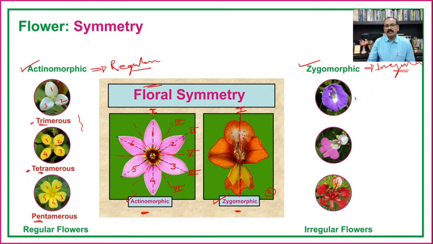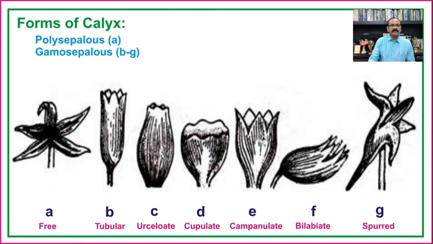Here these are some examples of zygomorphic flowers in which the petals are unequal. Now the accessory whorl that we have seen, the outermost whorl in the flower, is the calyx.